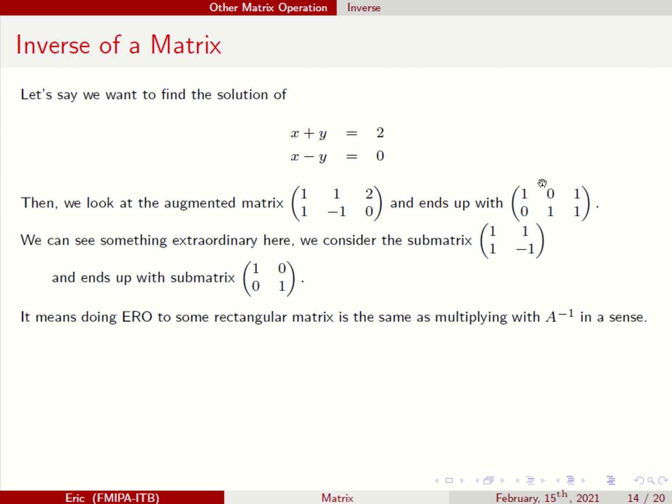When you are doing the elementary row operations and you change this into reduced row echelon form, it's like you multiply by some matrix and it becomes the identity. What is the matrix? If this is A, that is A inverse.